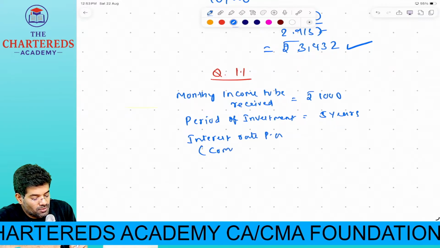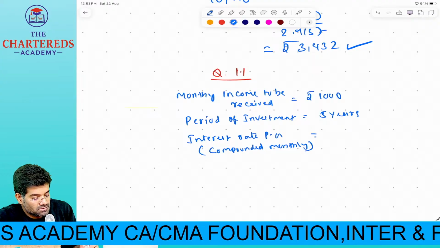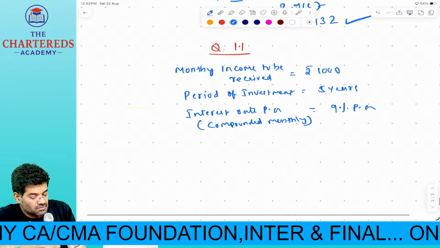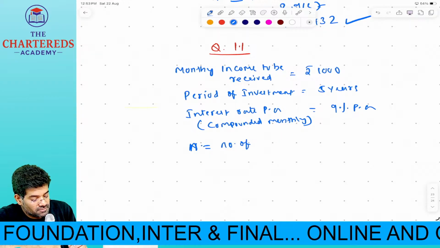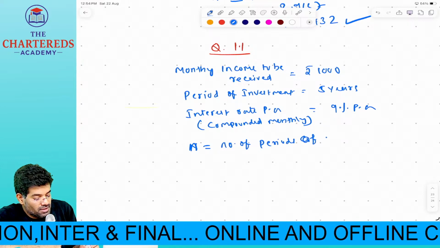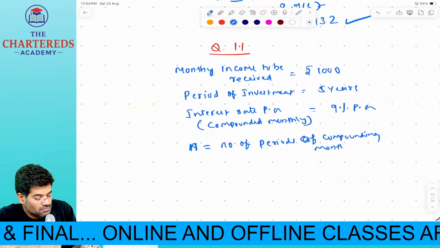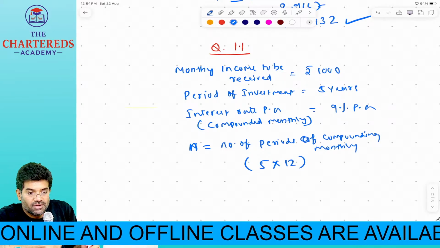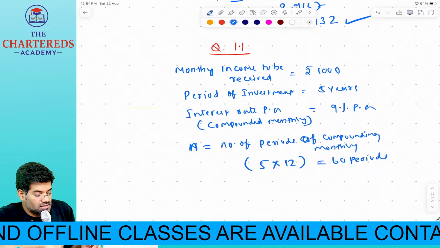Now this should be compounded monthly, 9% per annum. N is equal to number of periods of compounding monthly. This is 5 into 12, every year 12 times. So 60 periods.